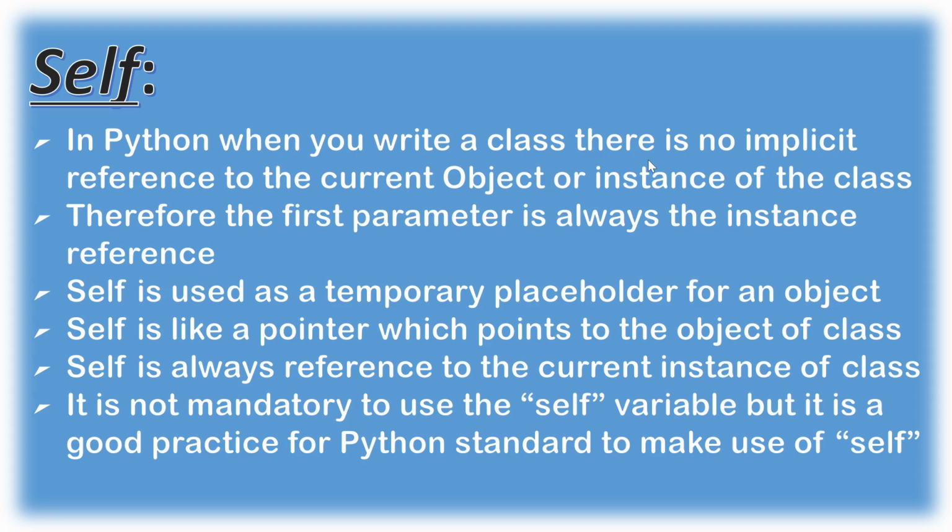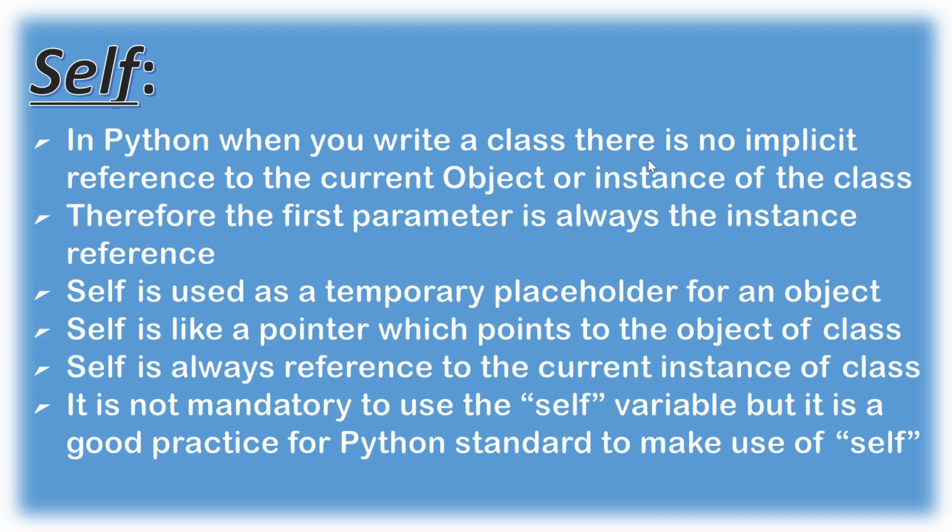So our next topic is self. In Python, when you write a class, there is no implicit reference to the current object or instance of the class. Therefore, the first parameter is always the instance reference. Self is used as a temporary placeholder for an object.